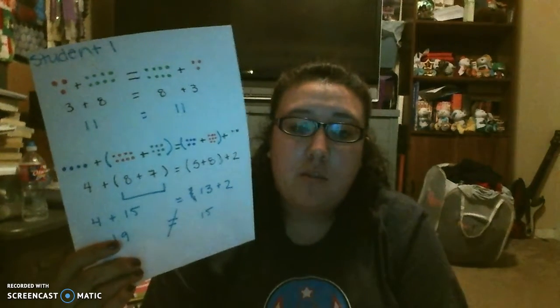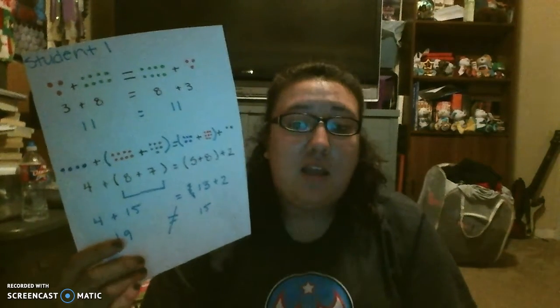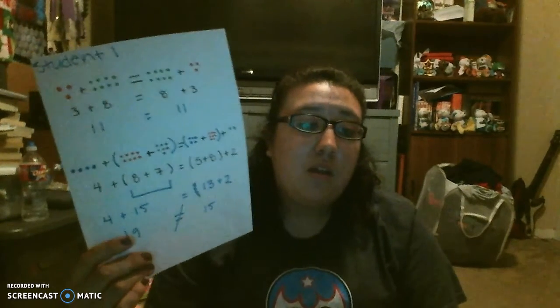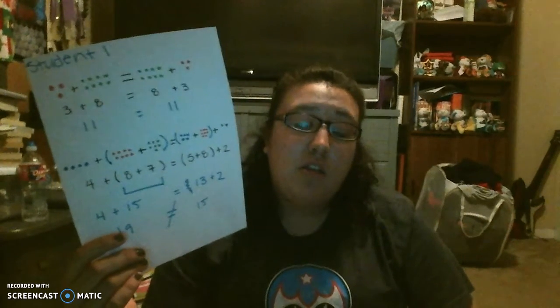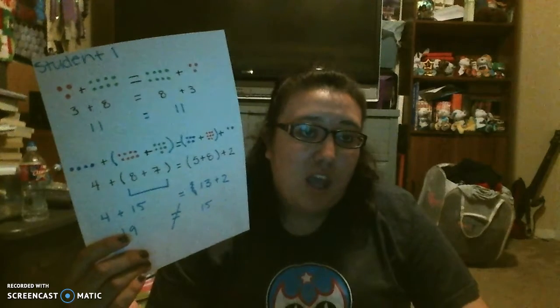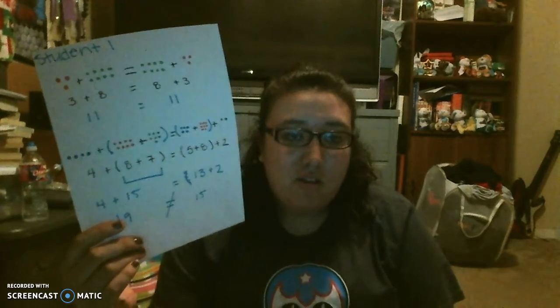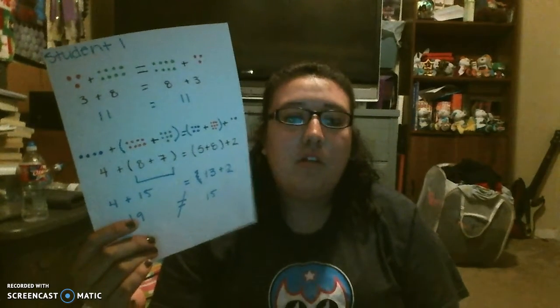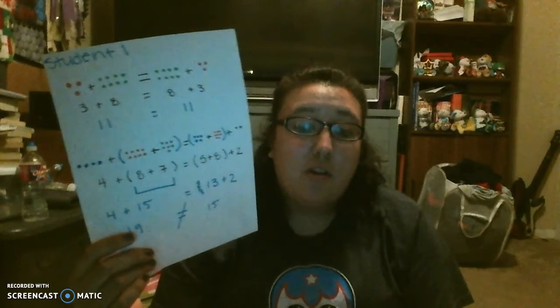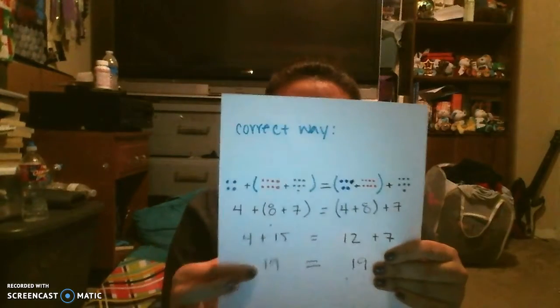Aren't they supposed to equal, right? I said, yes, but remember, with commutative and associative, one has 2 numbers and one has 3 numbers. And what are the numbers supposed to look like on the other side? Oh, they're supposed to be the same. Correct. That's what they're supposed to do. So he corrected it and put the same numbers where he got up to 19.